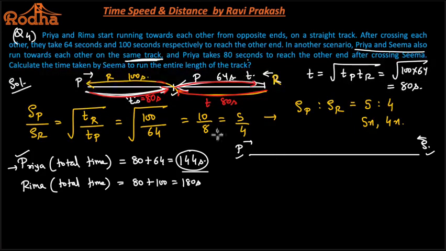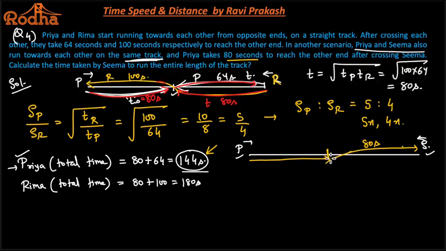So what they are saying is, let's say for example Priya started at this point, and at this point she met Seema, and after that she continued like that. So she takes 80 seconds to reach the other end after crossing Seema. That means Priya's total time is 144 seconds.